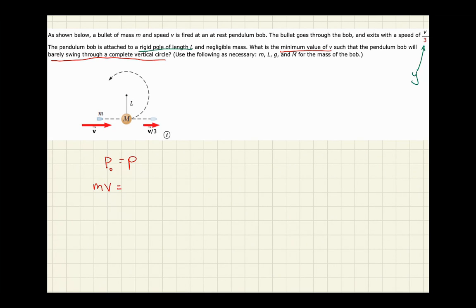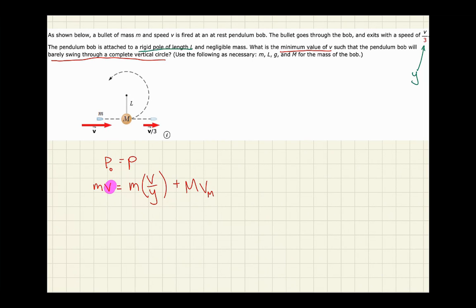So the bullet would be m times v over y, that's my new exit speed of the bullet, plus the mass of the bob times its final velocity, let's call it v big M. So this is my conservation of momentum equation. And in this case, what I'm looking to solve for is this v, that's the velocity I'm looking for here.